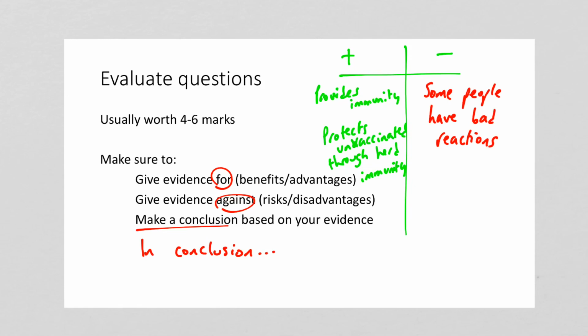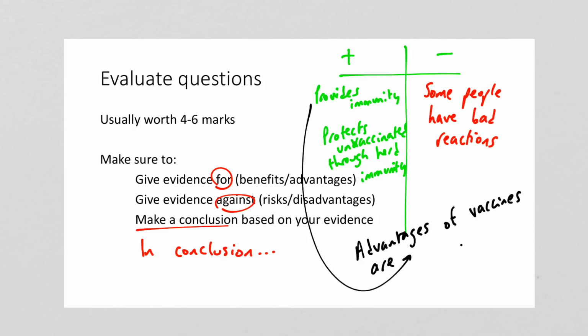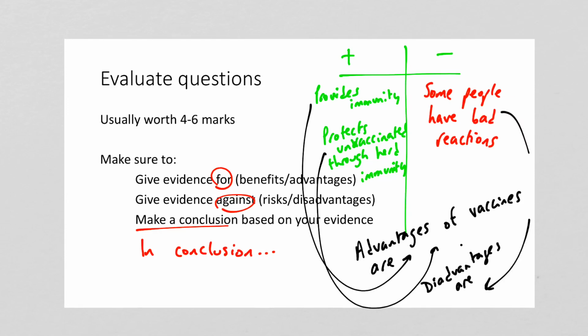So you might start your answer with advantages of vaccines are, and then you could just fill in your positives. You might say disadvantages are, and then put in your negatives, and then you could go and write in conclusion and write your conclusion, and you would get full marks. Okay?